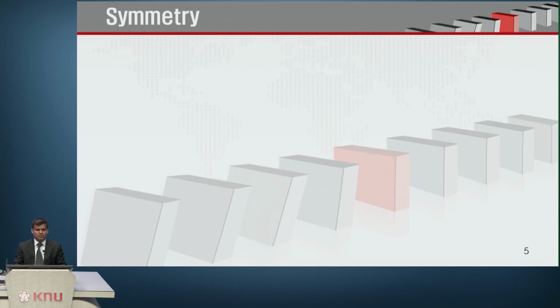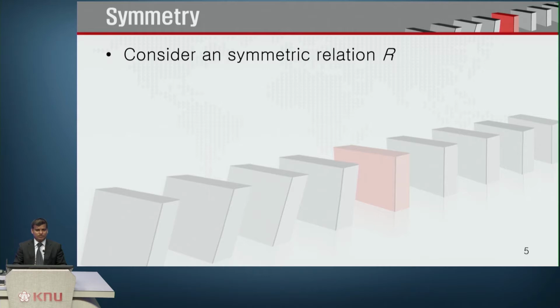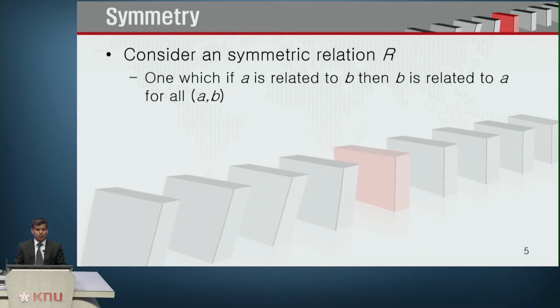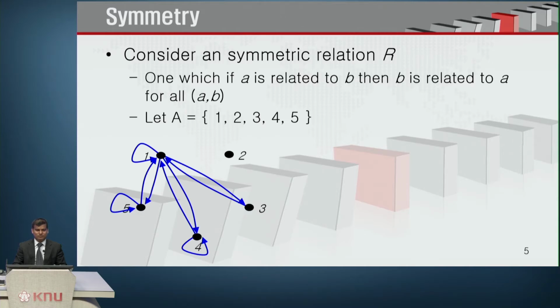Coming back to the symmetry section. A symmetric relation is one in which if A is related to B, then B is related to A, for all (A, B). Which means that if 1 is related to 3, then 3 has to be related to 1.